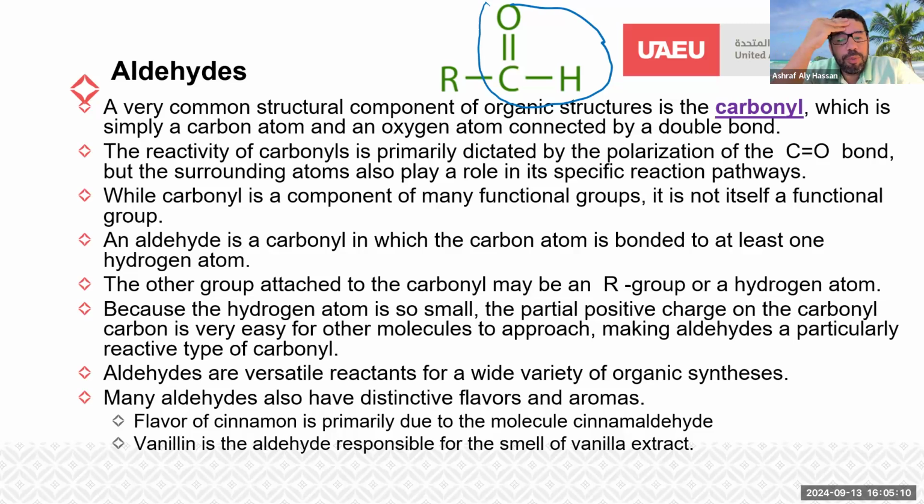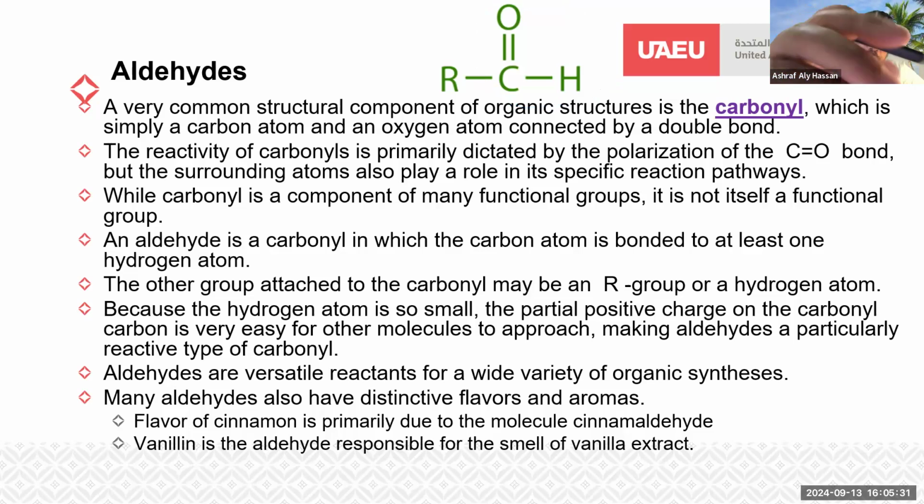While carbonyl is a component of many functional groups, so it's not only in aldehydes, you can find the carbonyl in other functional groups, and it is not itself a functional group. An aldehyde is a carbonyl in which the carbon atom is bonded to at least one hydrogen atom. The other group attached to the carbonyl may be an R group or a hydrogen atom.